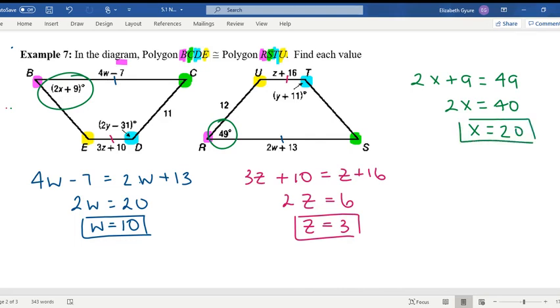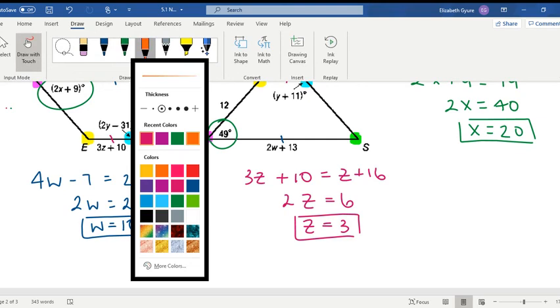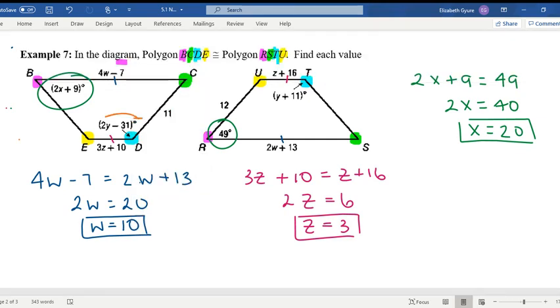And then last but not least, what are we going to have to do to find 2y minus 31? What would we set 2y minus 31 equal to? Evelyn? Yep. Doesn't D have to go with T? Aren't they both blue?